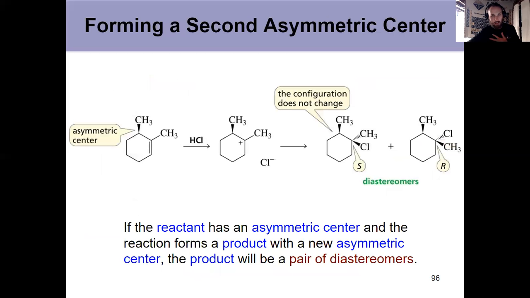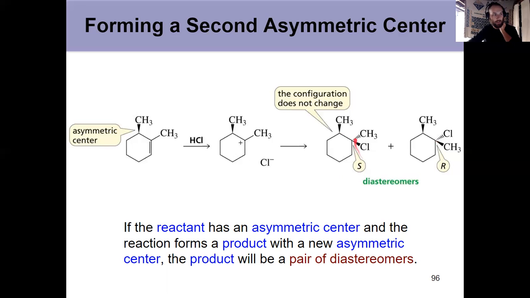The tricky part of this chapter is if you start to form a second asymmetric center. If you had 1 asymmetric center to begin with, so we're looking at this carbon right here with 4 different groups, 1 asymmetric center to start off, and then I form a product with 1 new asymmetric center. So I went from 1 asymmetric center to 2 asymmetric centers. In that situation, your product's a pair of diastereomers.